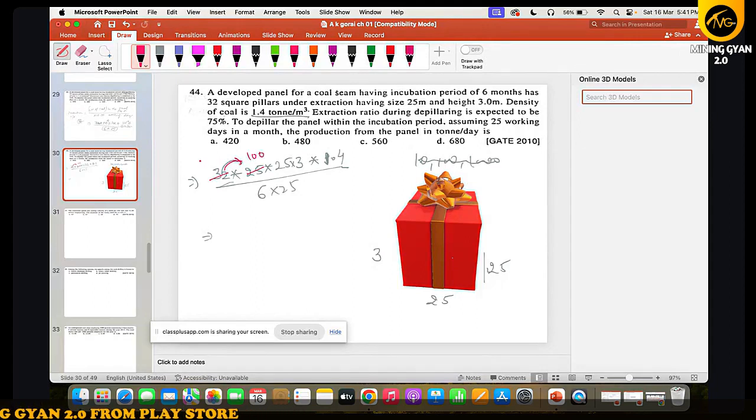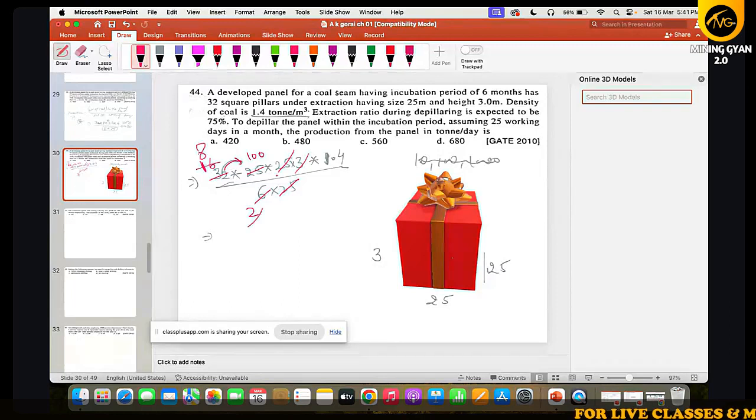Okay, it will become 16. Easy. And this 25 will be cut. 32 divided by 2 gives 16, and 28 divided by 2 gives 14. And when we multiply it, it will become 8 into 140.